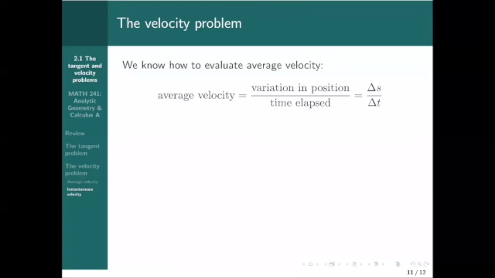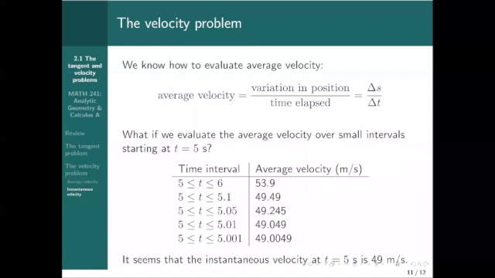So from the travel example, and probably also from your own life experience, you know that the average velocity is given by delta S over delta T. And then if we evaluate the average velocity over a very small interval that starts at t equals 5 seconds, well, we may think that this should give us a good approximation to the instantaneous velocity at t equals 5 seconds.